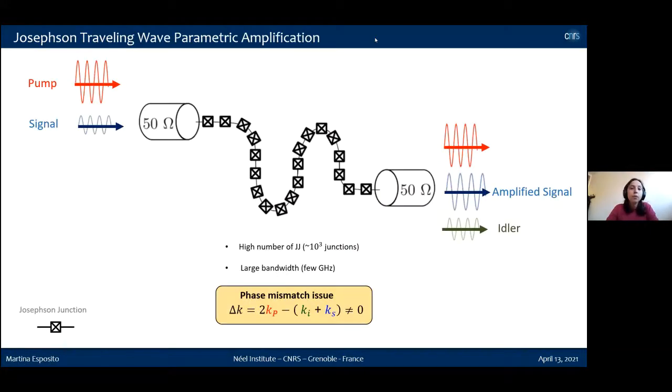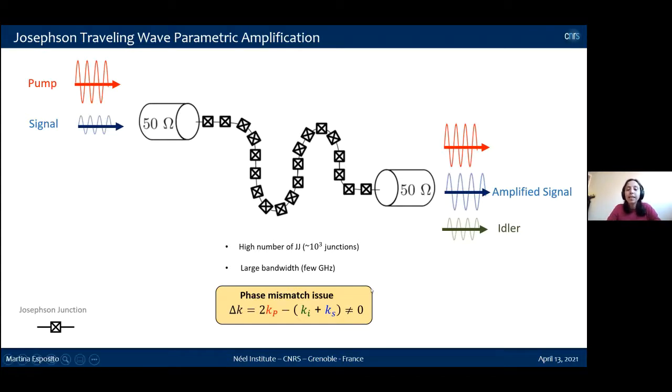So in our case, we work with traveling wave parametric amplification based on Josephson junctions. And the idea is that you have this nonlinear medium, which is composed of a long array of Josephson junctions. By long array, I mean something of the order of 1,000 junctions in an array. And these traveling wave parametric amplifiers are very useful tools, because you can reach very large bandwidth of the order of a few gigahertz.